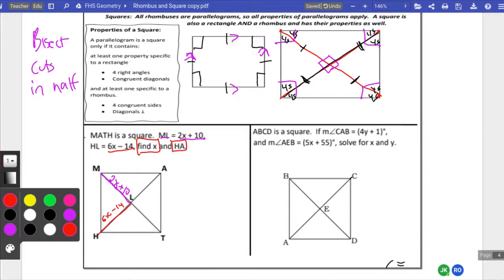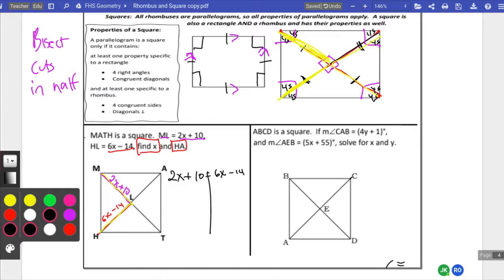If you remember what I mentioned earlier, if you get one side, it also equals the other side of the diagonal, so they all equal to one another. Which means that this right here equals this right here. So let's do our math. 2x plus 10 equals 6x minus 14, because we're just using the property of squares.